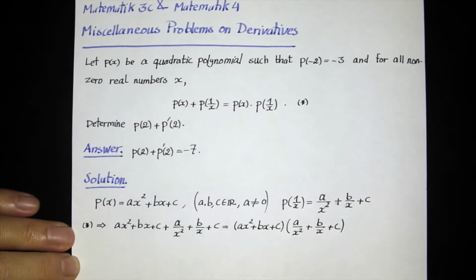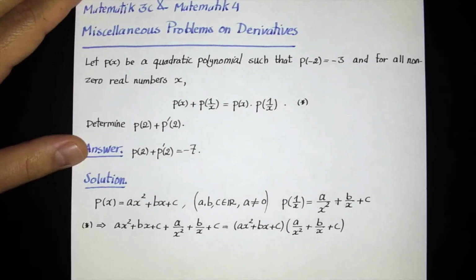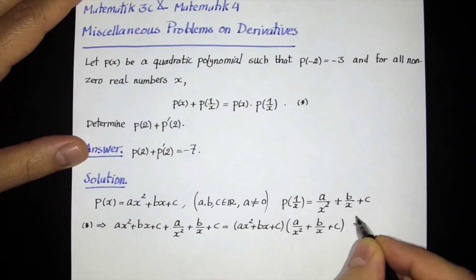Usually, it's always better to get rid of fractions as soon as possible. I have these fractions here, and the highest power of x appearing in their denominators is x squared. So it is clear that if I multiply both sides of this equality by x squared, no fraction will be left. So I multiply both sides by x squared.